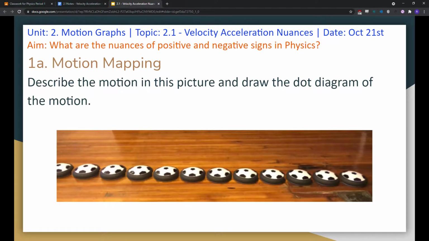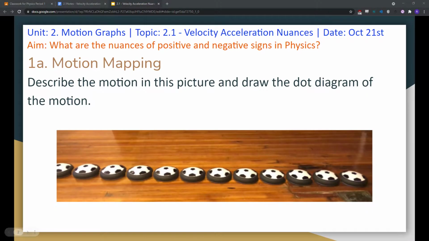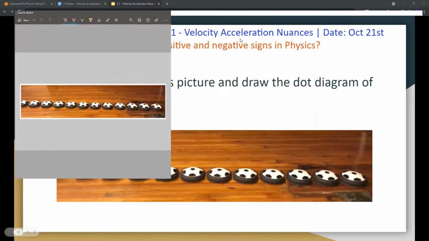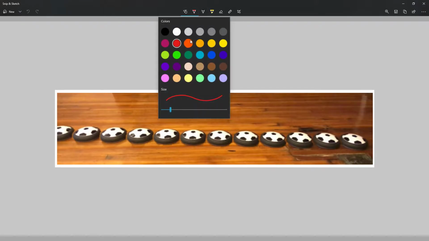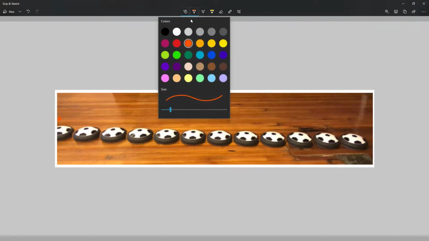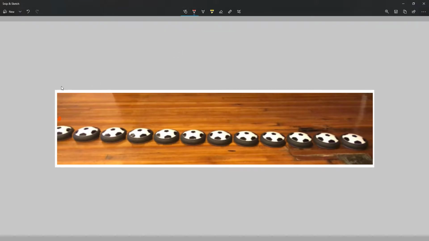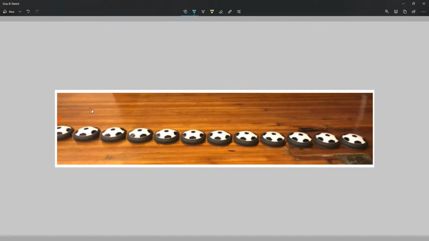And so our job here is to see what the motion of this object was. If you were to draw a dot diagram again, let me draw it up. I'll use a darker color, or a lighter color, that's fine.